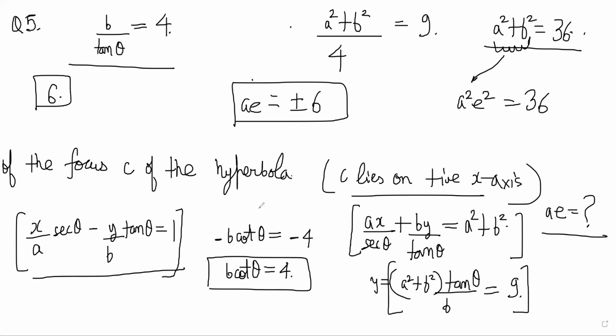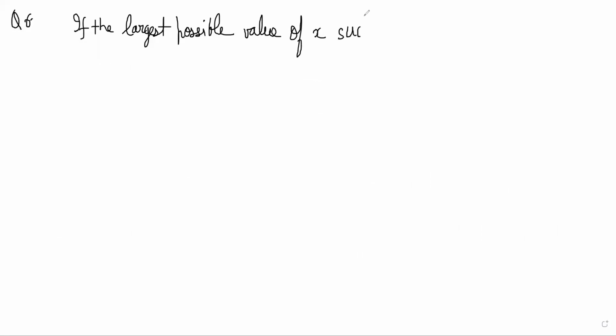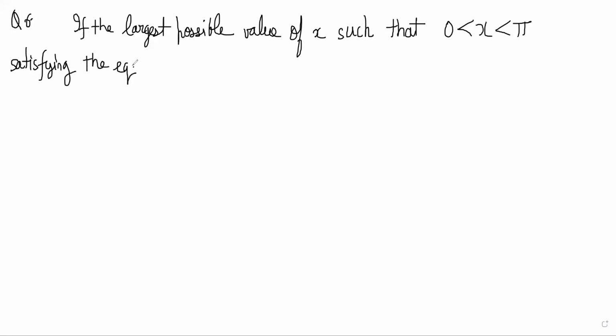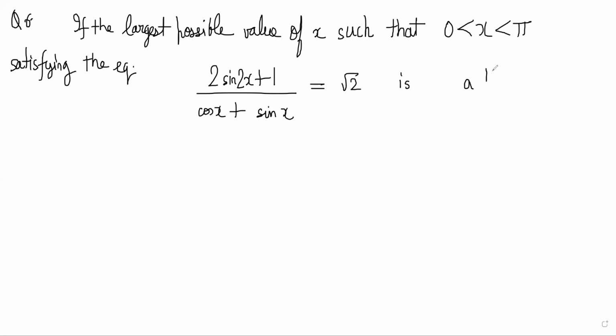Then the next one is this one. If the largest possible value of x such that 0 is less than x is less than pi, satisfying the equation 2 sine 2x plus 1 by cos x plus sine x is equal to root 2, is a pi by b, find a plus b.